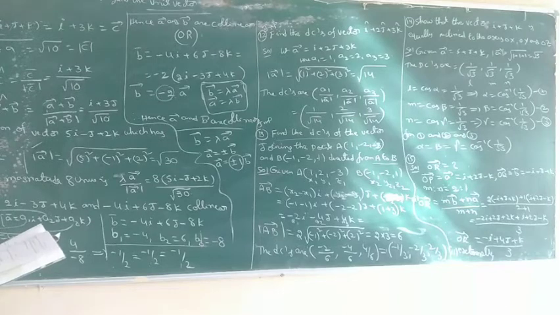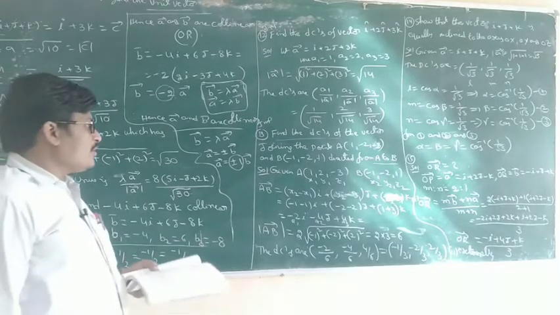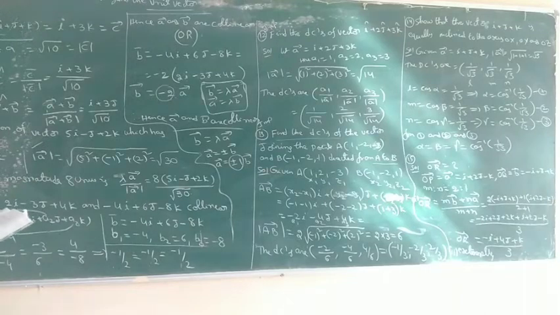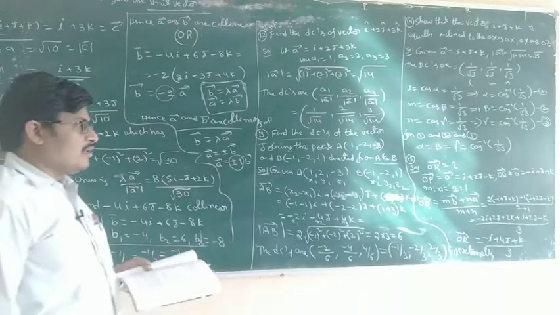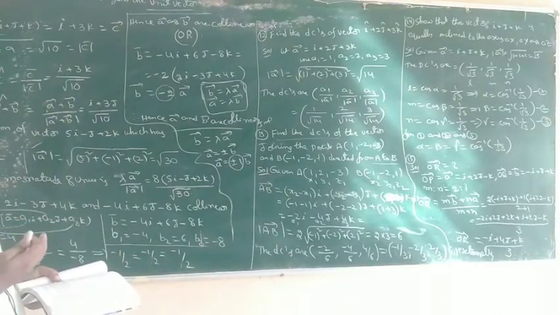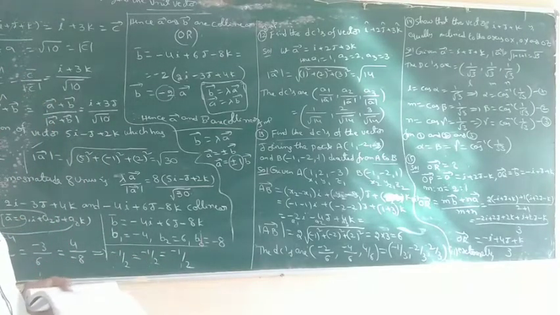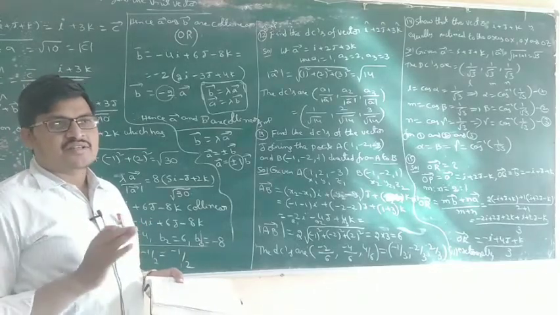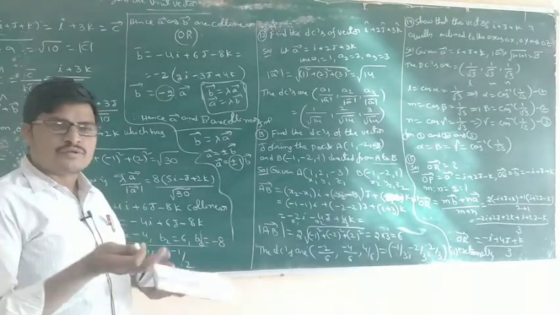A bar and B bar collinear means what? Two collinear vectors means the directions are same; the magnitudes need not be the same, though equal is also no problem.